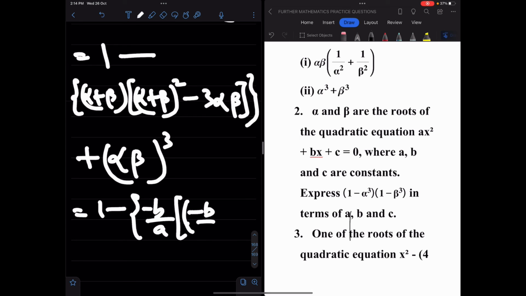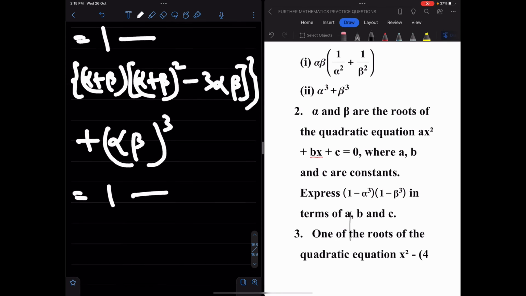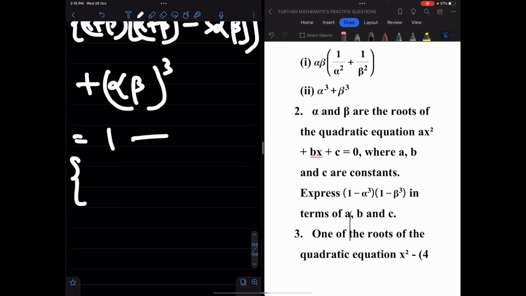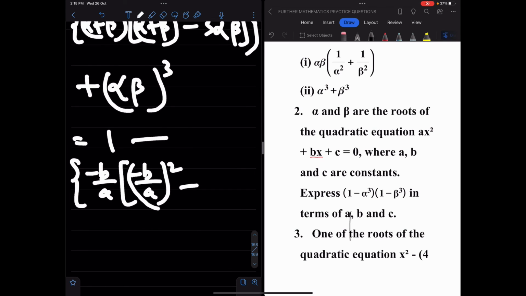I think I should do it this way: 1 minus, now we have a curly bracket alpha plus beta, which is minus b over a, into bracket the square of minus b over a, minus 3 times alpha beta, which is 3 times c over a, and the bracket closes there.